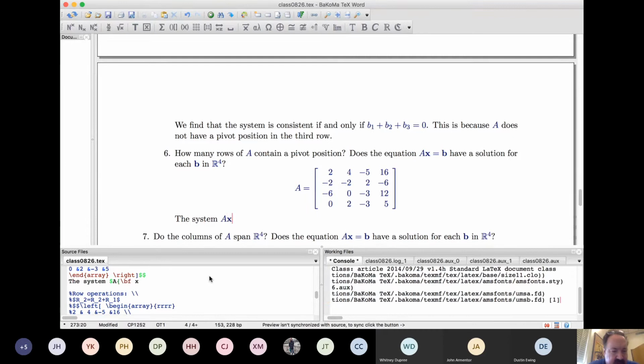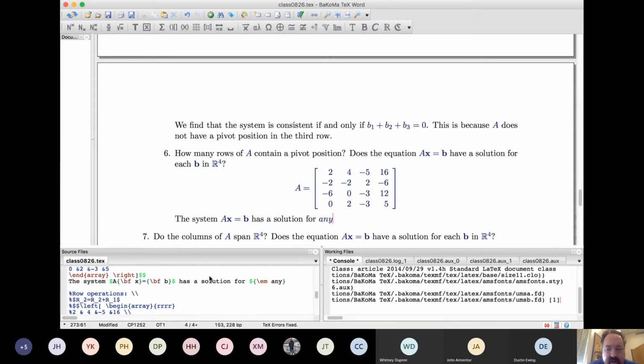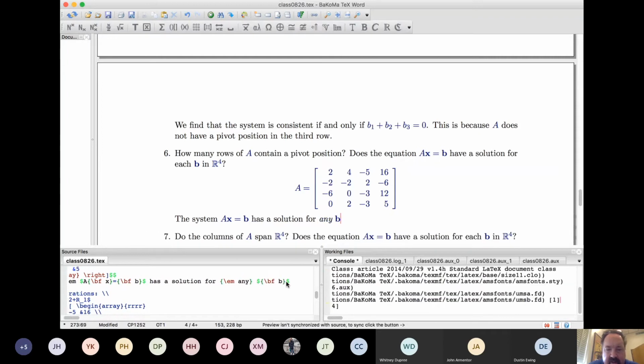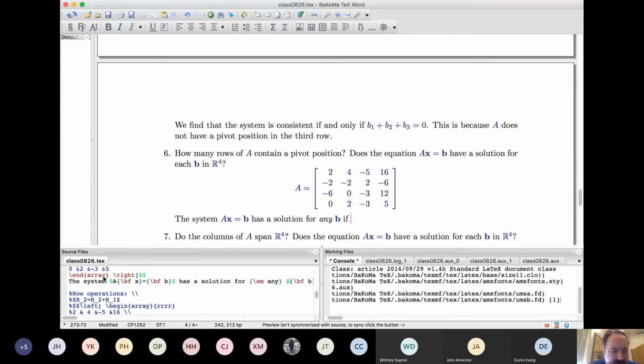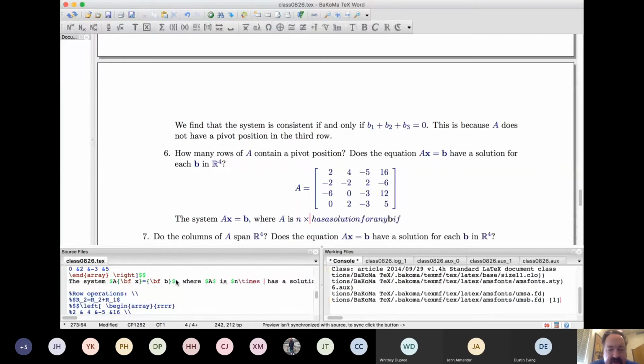System AX equals B has a solution for any vector B, all right, and I'm going to make an assumption here where A is an n times n matrix, number of rows times number of columns.